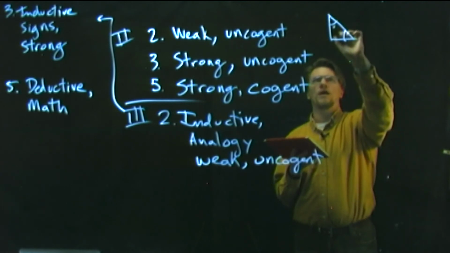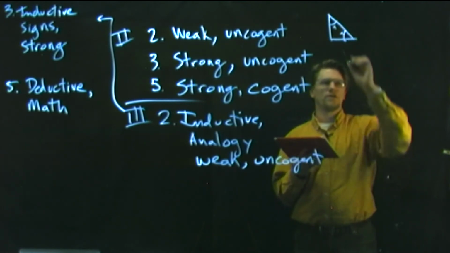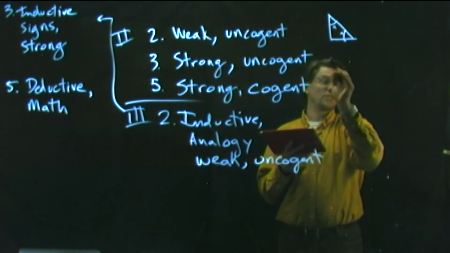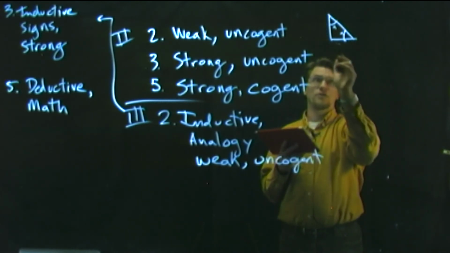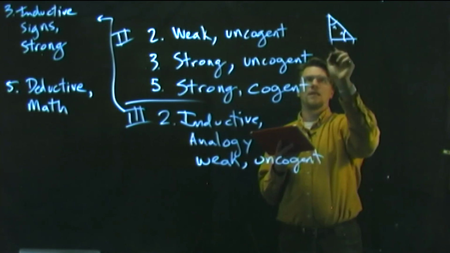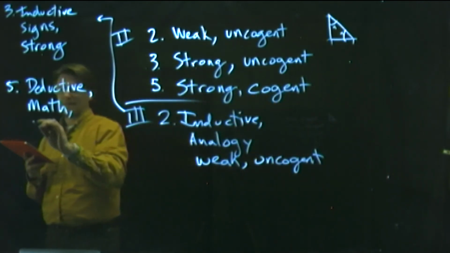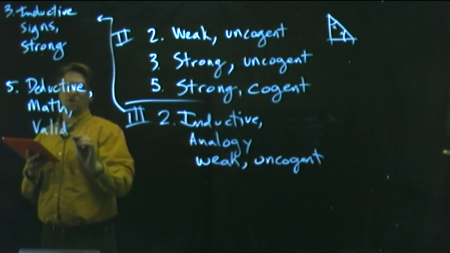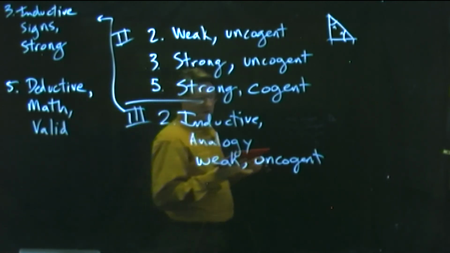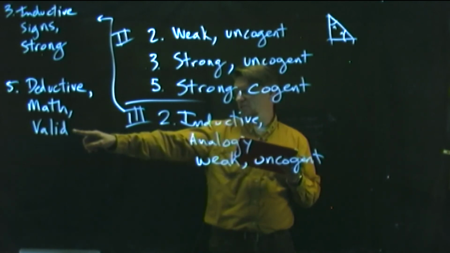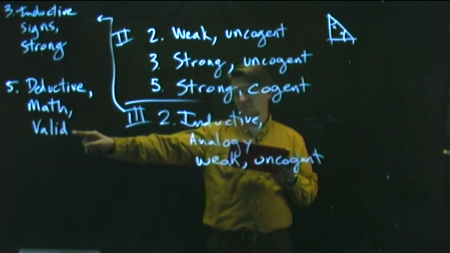Let's say they both had the same size angle there, size A. If these are equal angles, it does seem to stand to reason we could say that these sides would be the same length as well. So, in fact, it is a valid argument, right? It's a deductive argument. It's from math. And since the conclusion would be guaranteed by the premises, or the premise in this case, it's valid.